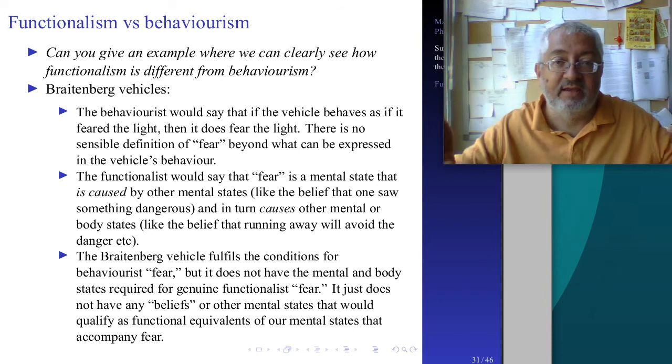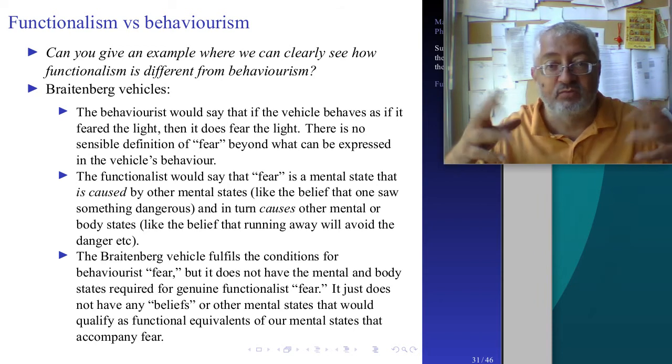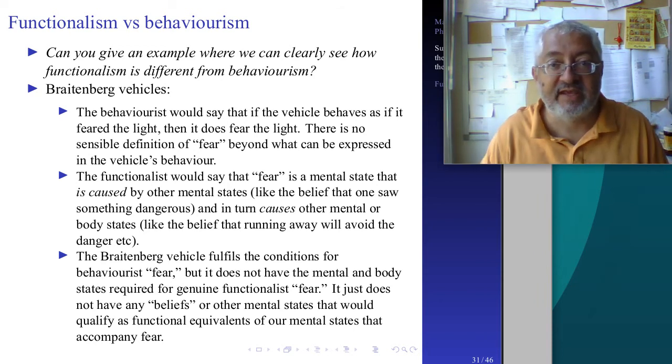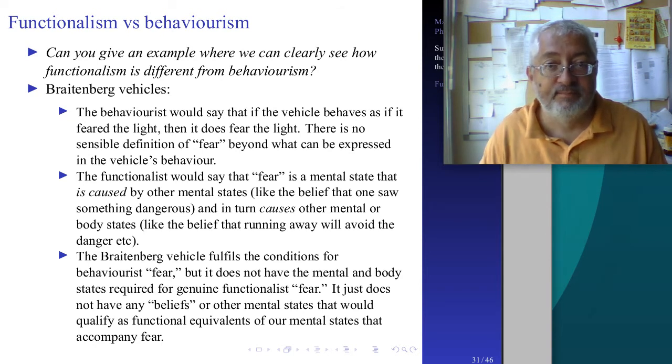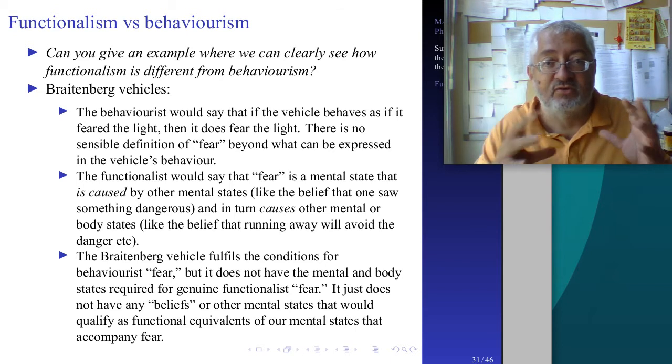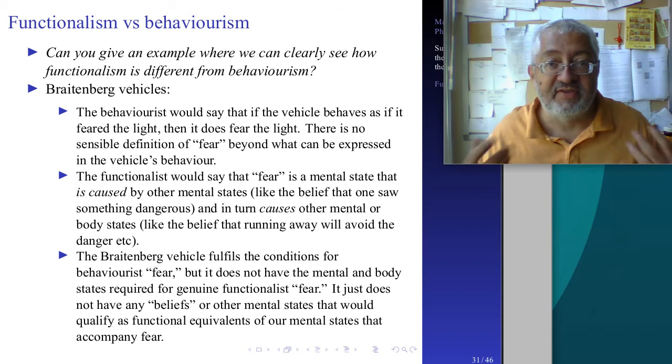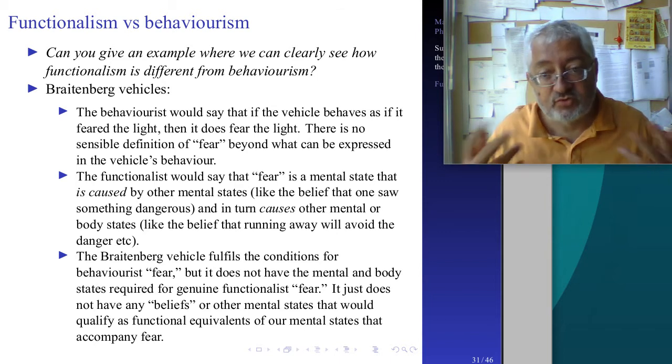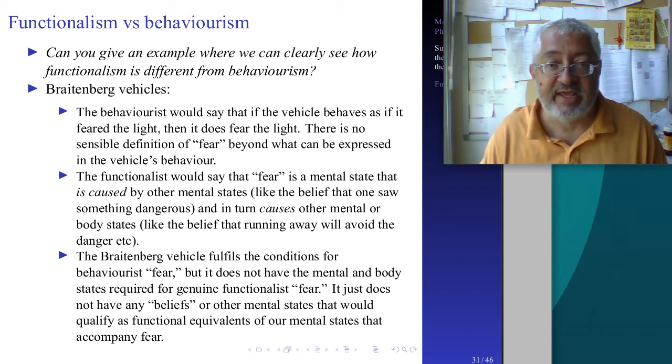Just taking a piece of text and matching it with a database and outputting another piece of text is not a proper functional state that connects to other states in the same way like our intelligent conversational behavior connects to other behaviors and beliefs that we have.